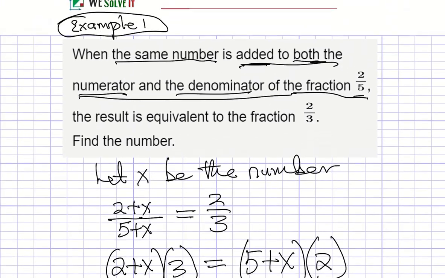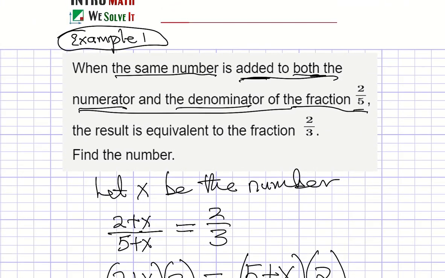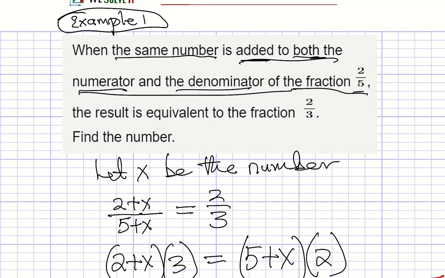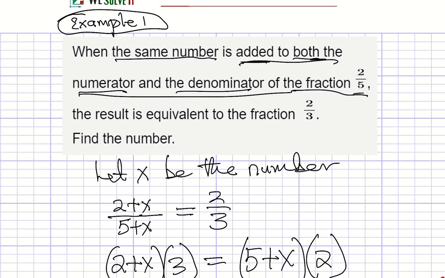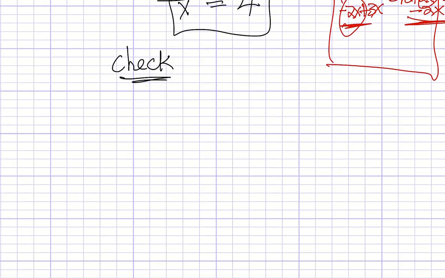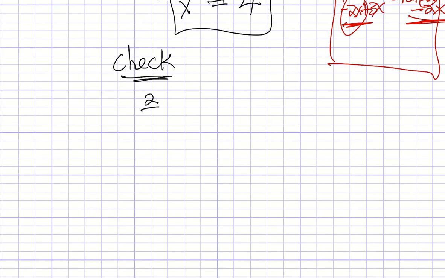It says that when the same number is added to both the numerator and denominator of the fraction 2 over 5, the result is equivalent to the fraction that. So let's do it. So you have the fraction 2 over 5.